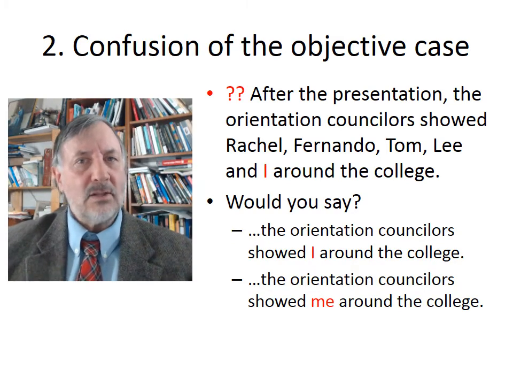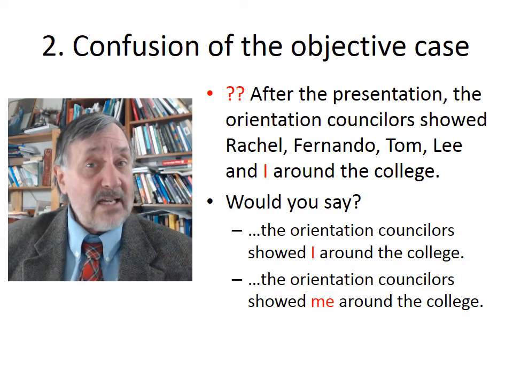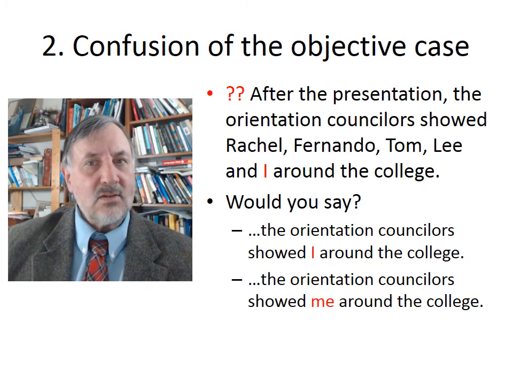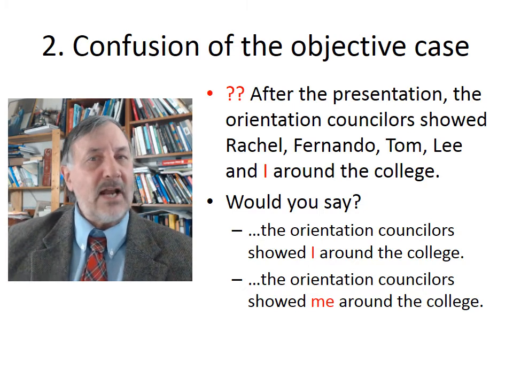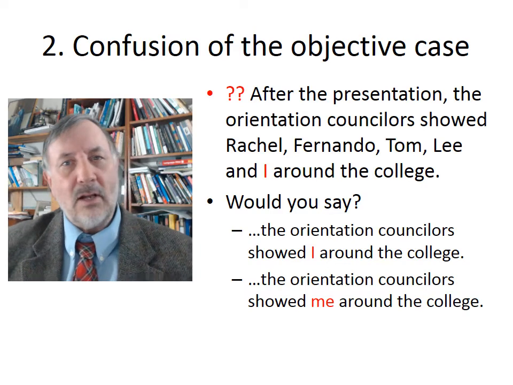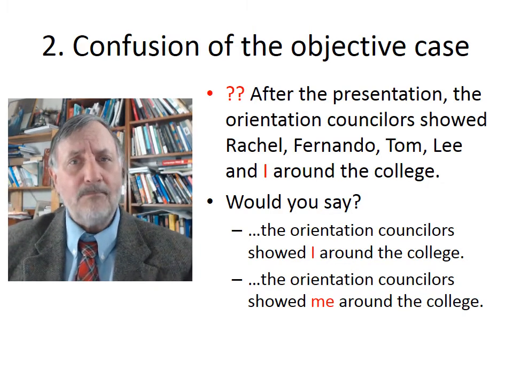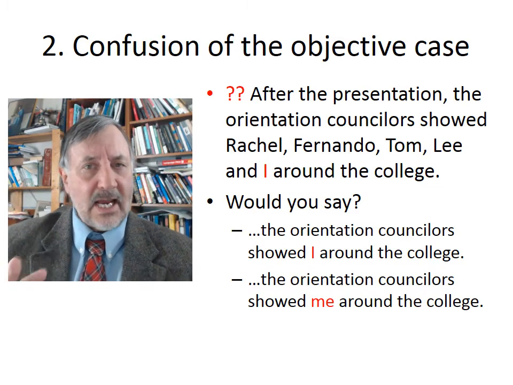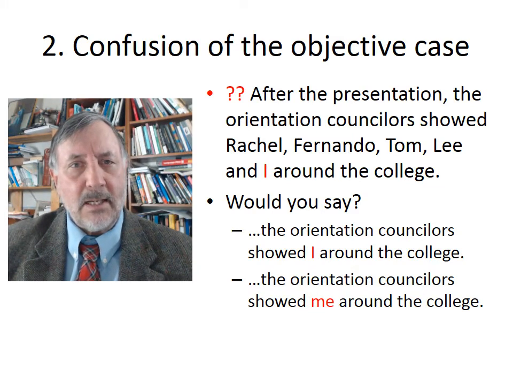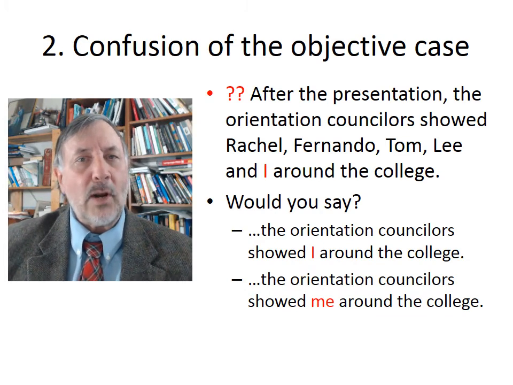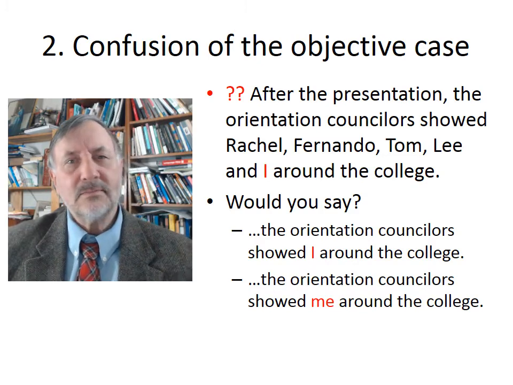And so the complete sentence would be, "They showed Rachel, Fernando, Tom, Lee, and me around the college." Again, using the drop test, which is wonderfully useful. But again, this is the second place where we have mistaken pronoun usage with some frequency.